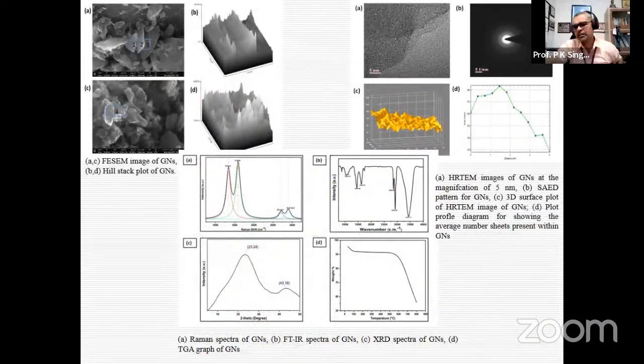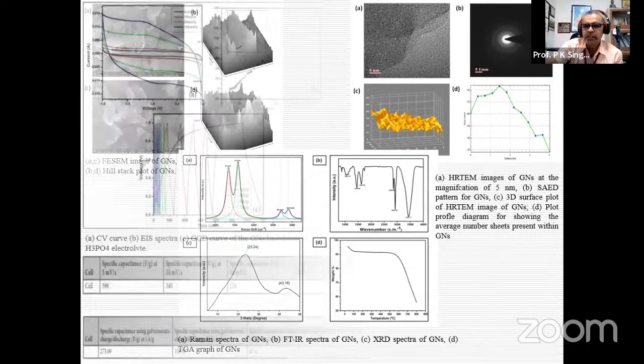These are some results which I am not going to tell. Anybody interested can read this paper and then discuss with us.